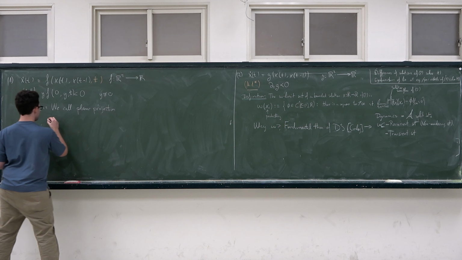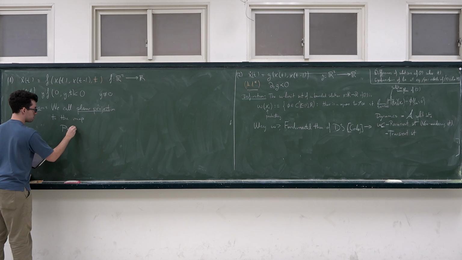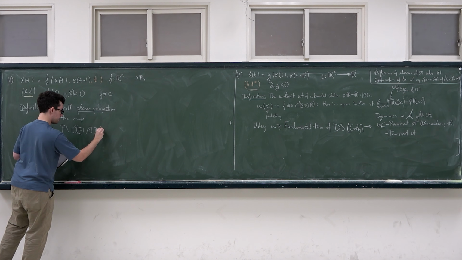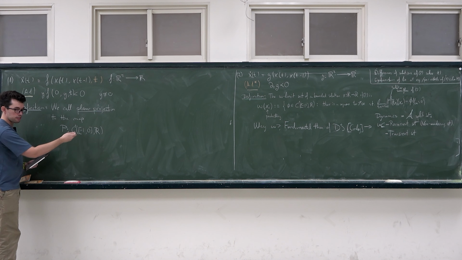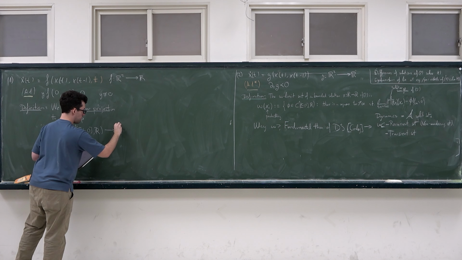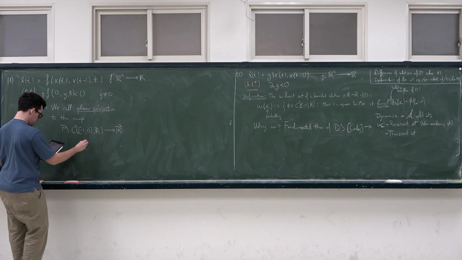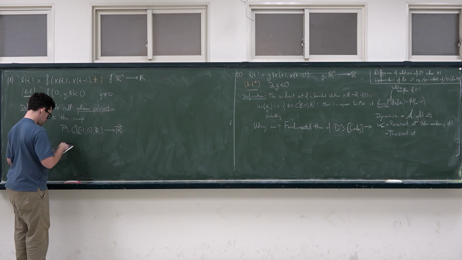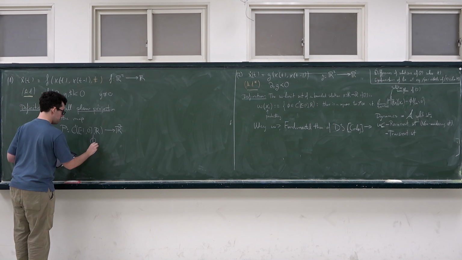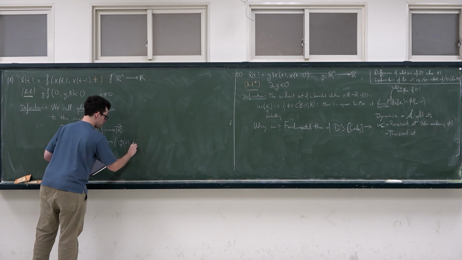Okay, but the planar projection to us is the map P taking a continuous function from the interval to the real line, and giving us back a point in R2. And what we do is very simple. We feed in a function phi from history space, and we get back the evaluation at 0 and the evaluation at -1.